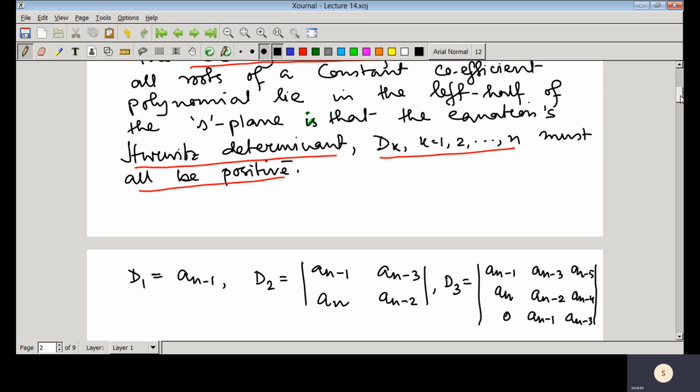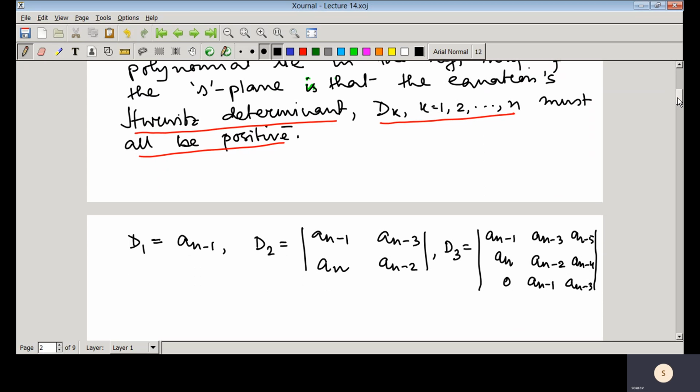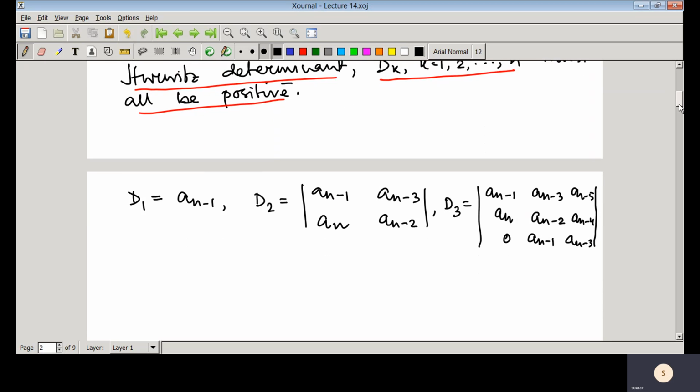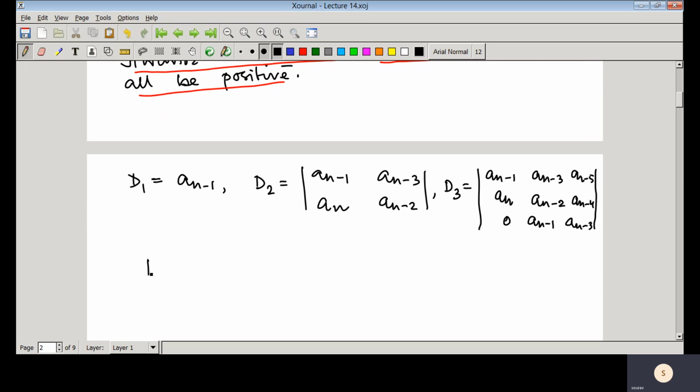I think it is clear from these matrices what sequence we need to follow for forming the Hurwitz determinant. And here you can see the general one, dn.